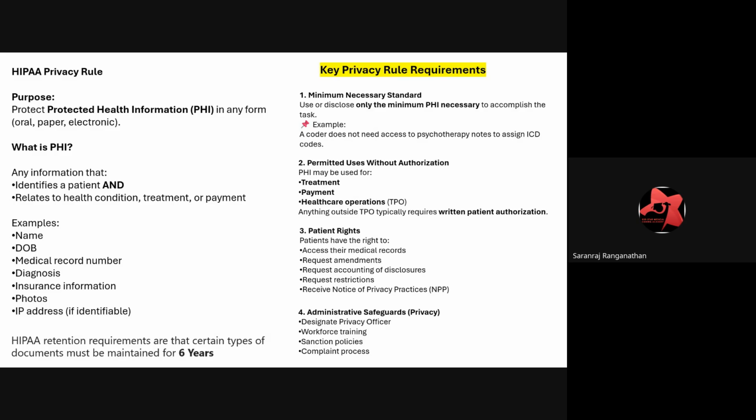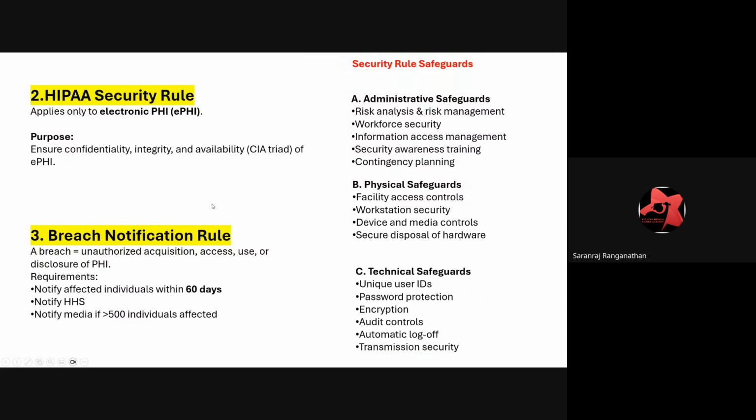Then the next one is the HIPAA security rule. Okay, what does HIPAA security do? It applies specifically to ePHI, electronic protected health information. It maintains confidentiality, integrity, and availability.